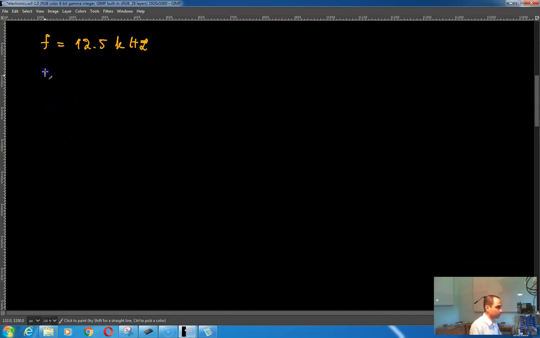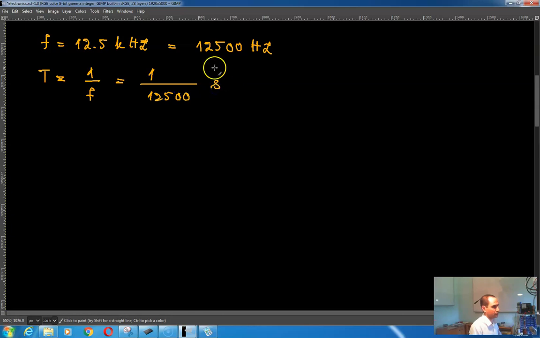If that is your frequency, then your period would simply be 1 over f, in seconds, of course. So this is the same thing as 12.5 and then 2 zeros, in hertz, right? So then your period would be 1 over 12,500 in seconds.